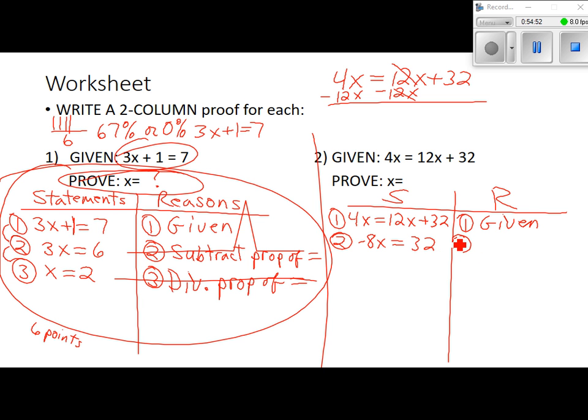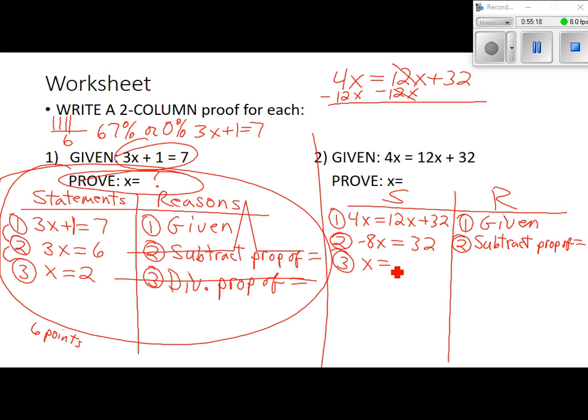What did I do to take the 12x to the other side? Say it back. Subtraction property of equality. Now what?